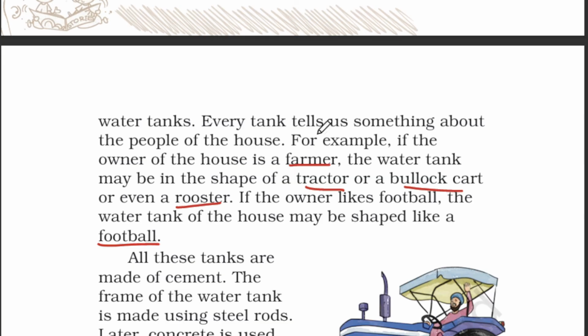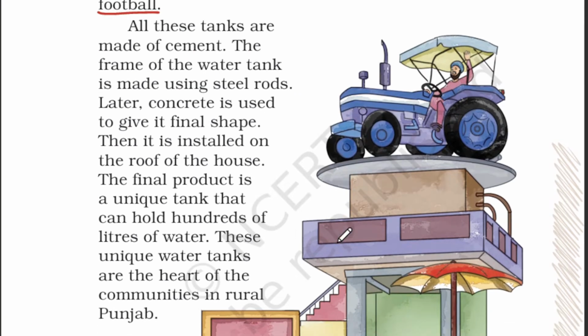Next, all these tanks are made of cement. Not plastic, they are made of cement, and they have colored the tank. The frame of the water tank is made using steel rod. Later, concrete is used to give the final shape. They are not making it very simple.